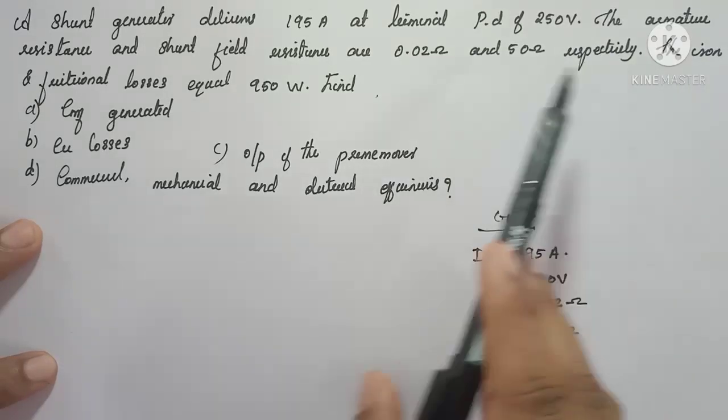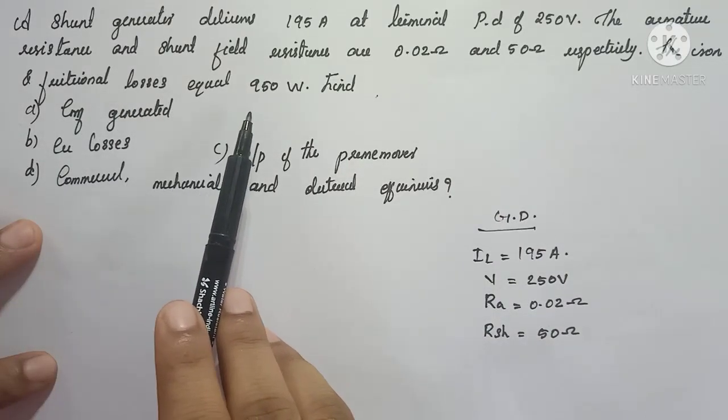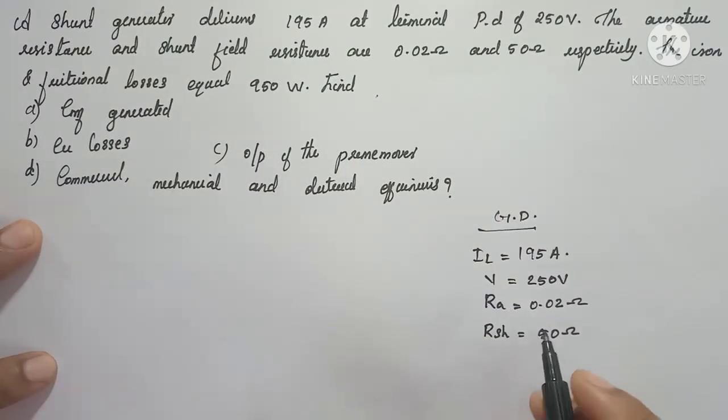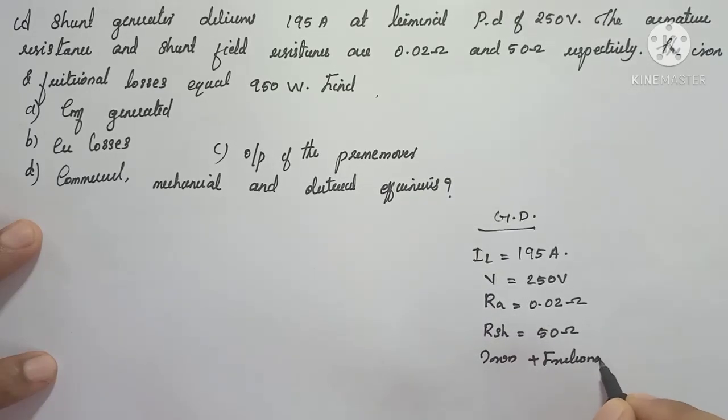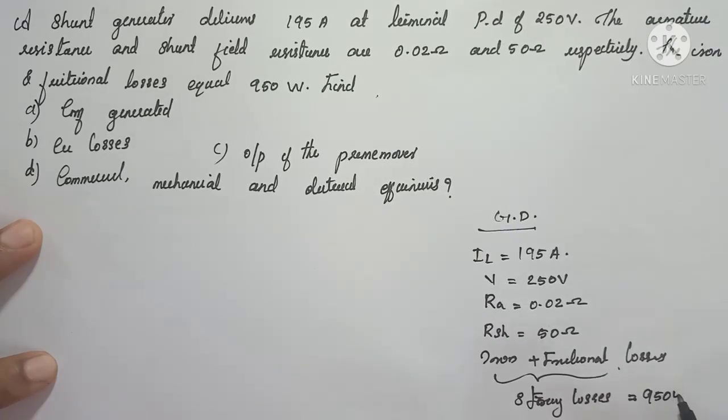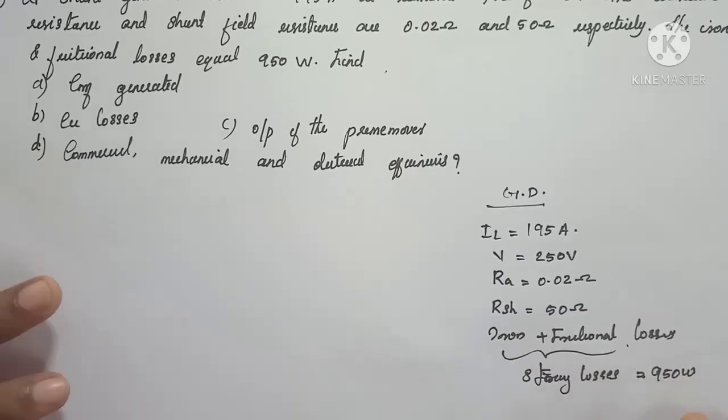The iron and frictional losses are 950 watts. Iron plus frictional losses, that we can collectively call stray losses, which is given as 950 watts.